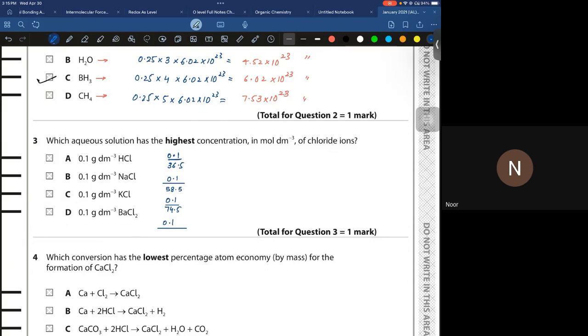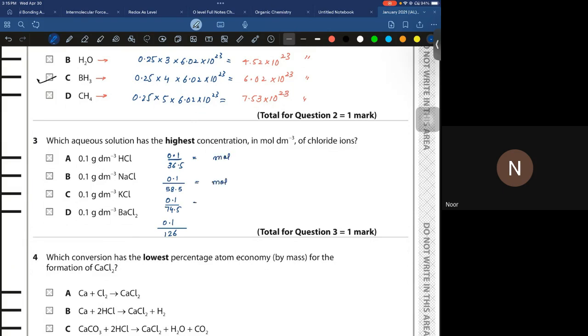So what's the mass for barium chloride? 127, 126.